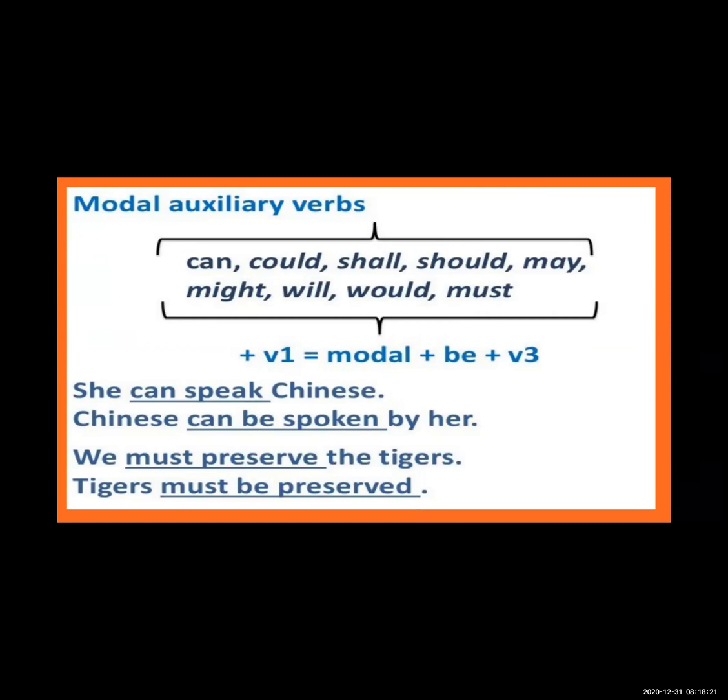See, I have told you previously also, to do's form are there, to be's form are there, to have's form are there. They all consist of 11 auxiliaries in all: am, is, are, was, were, do, does, did, then have, has, had.